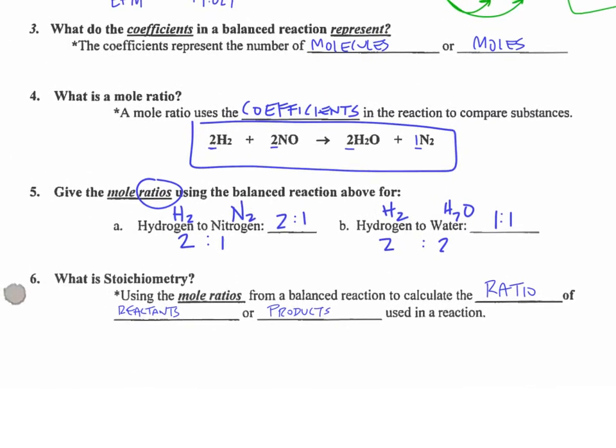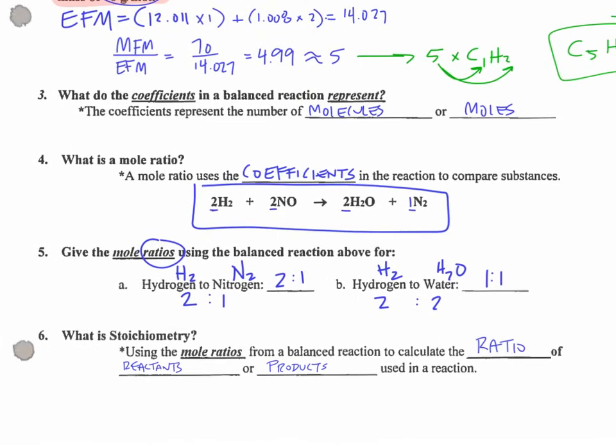All right. So some things we should maybe highlight here. Know what stoichiometry is. Determine a mole ratio, and know what the coefficients represent in an equation.